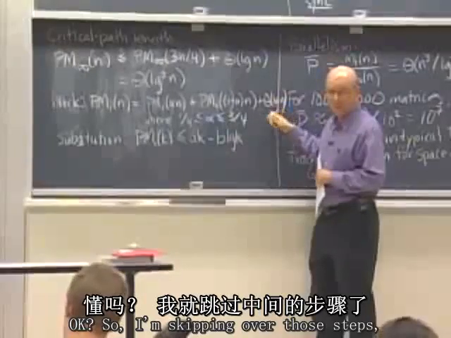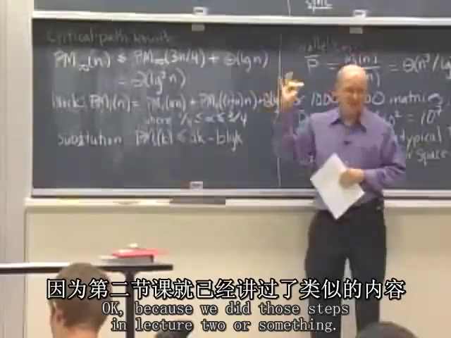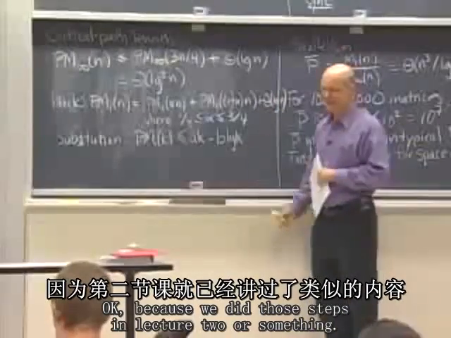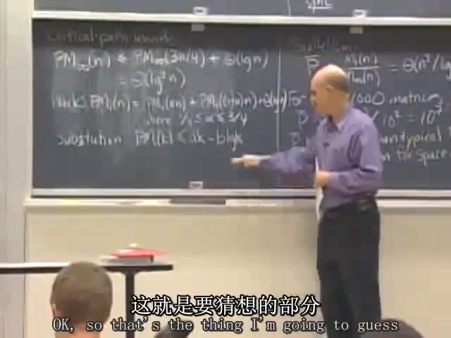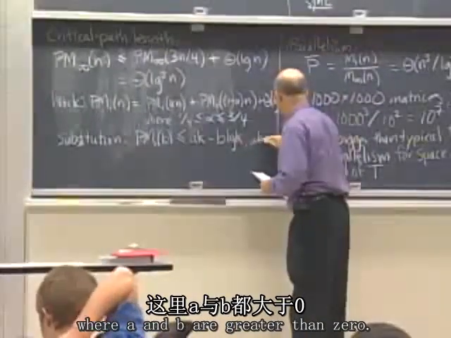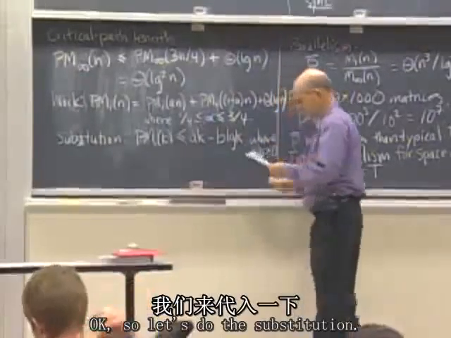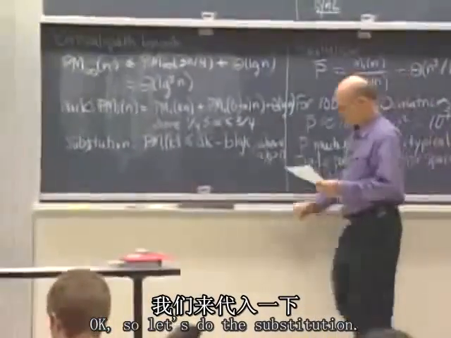Okay? So I'm skipping over those steps, because we did those steps in lecture 2 or something, right? So that's the thing I'm going to guess, where a and b are greater than 0. Okay, so let's do the substitution.